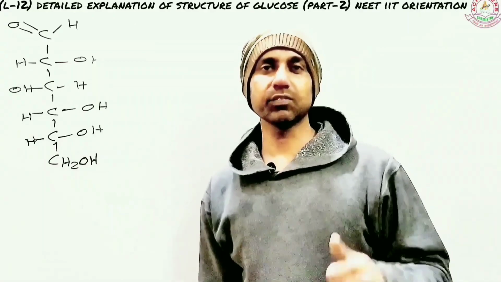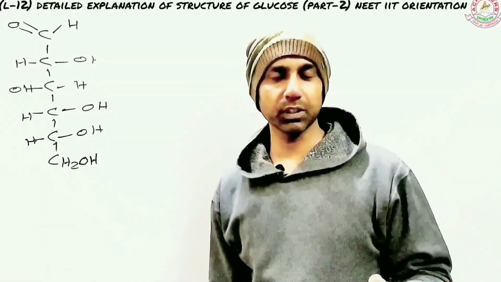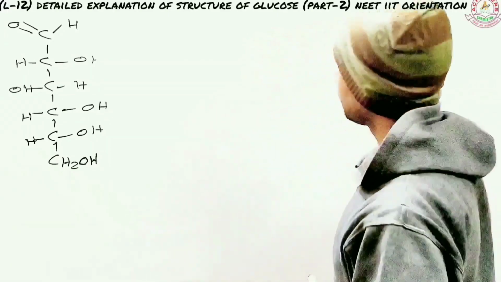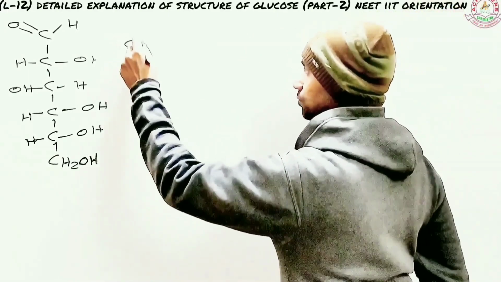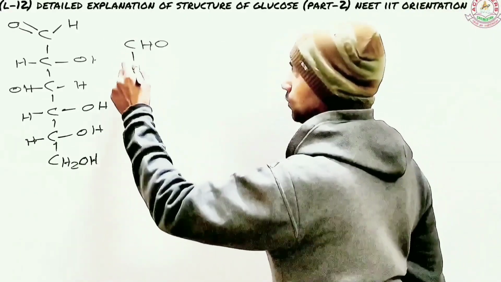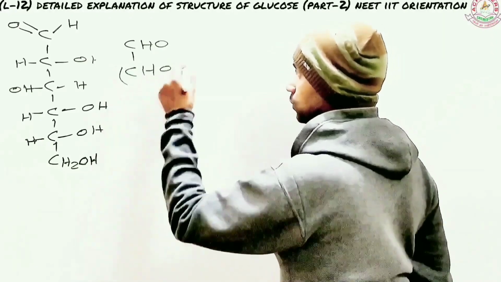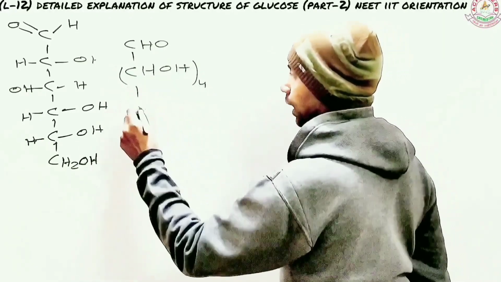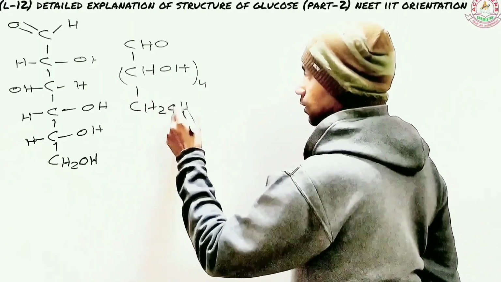I'm doing the last reaction where I'll again be explaining something very important about the structure of glucose. So let's take that chemical reaction. We do know that glucose, this is something not new to you. So this is what your glucose is, CHOH whole 4, and then you have the last one, CH2OH.